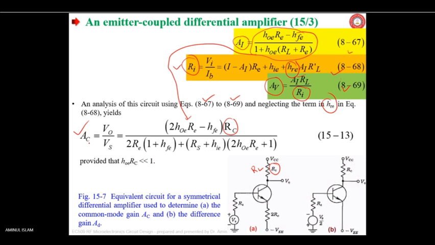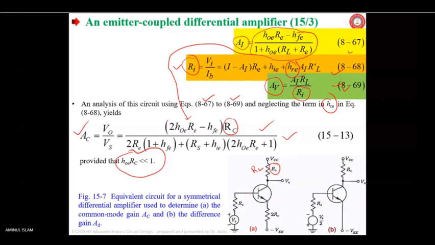Then we can write that the common mode voltage gain is this equation 15-13, which can be arrived at provided that HOE RC is much less than 1. Keeping these conditions, if you put these values into 8-69, then the common mode voltage gain can be found as this.